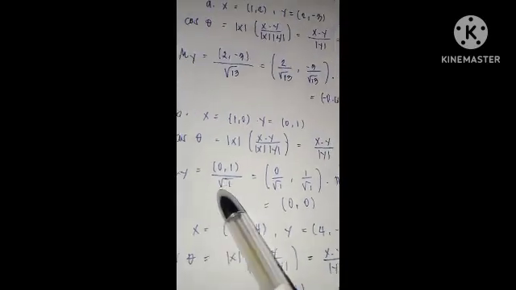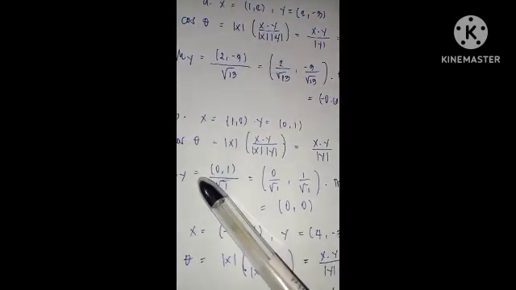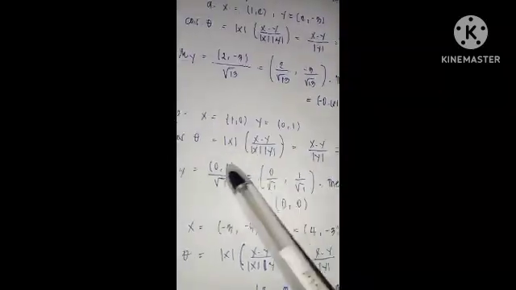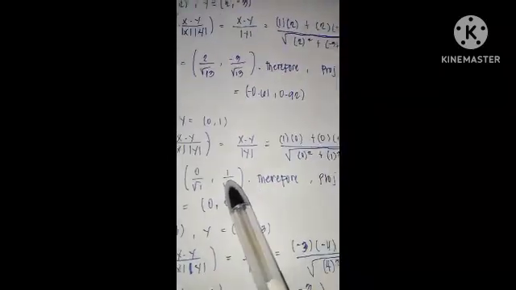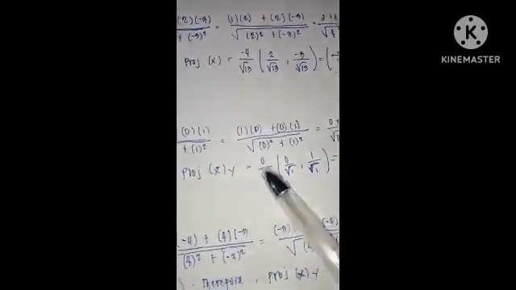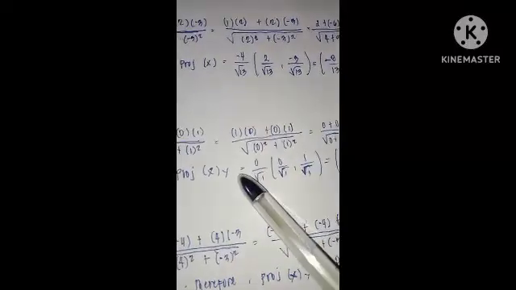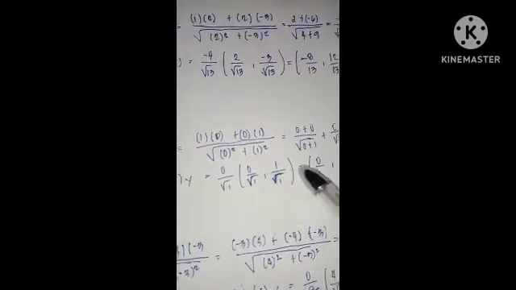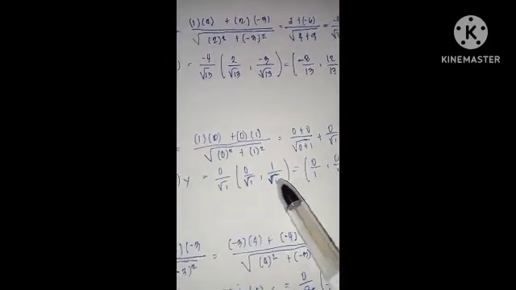So 0 and 1 over the square root of 1. So we separate the two. Therefore, the projection of x onto y is equal to 0 over the square root of 1 times 0, 1 over the square root of 1.